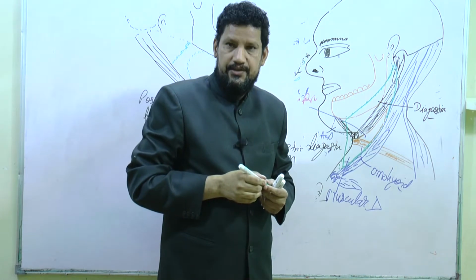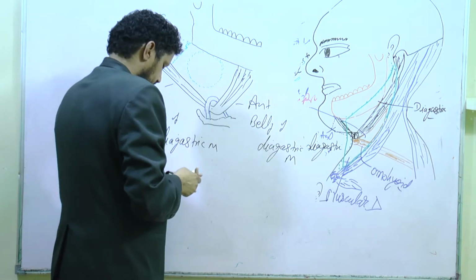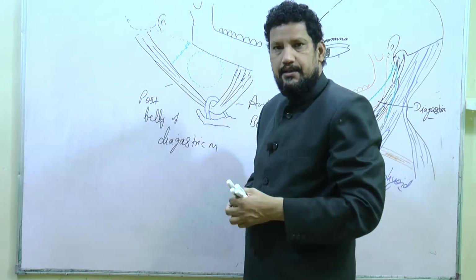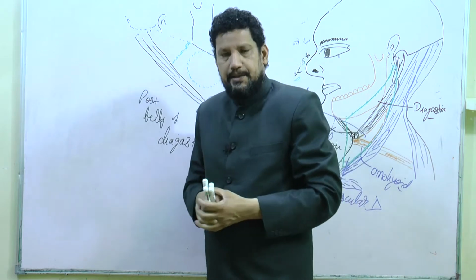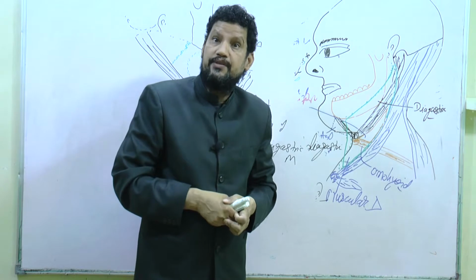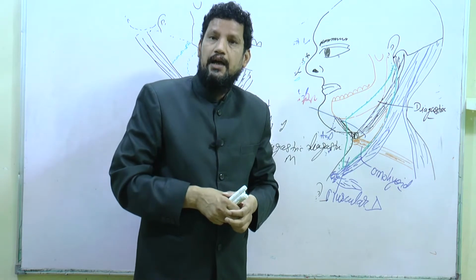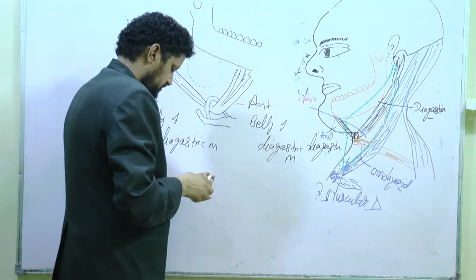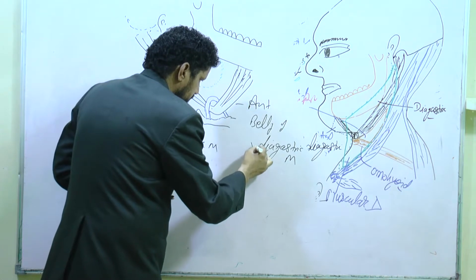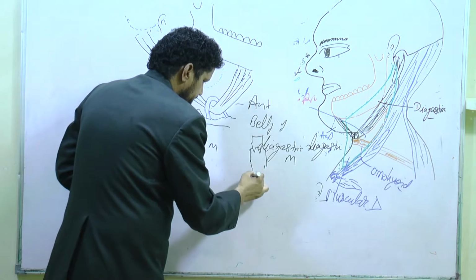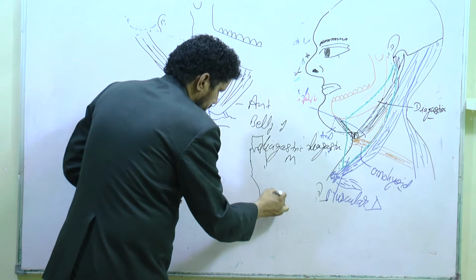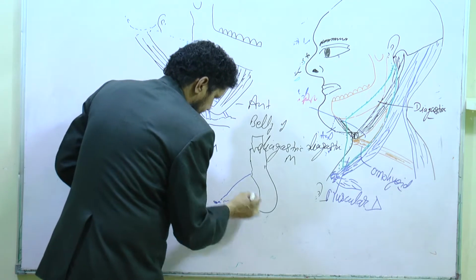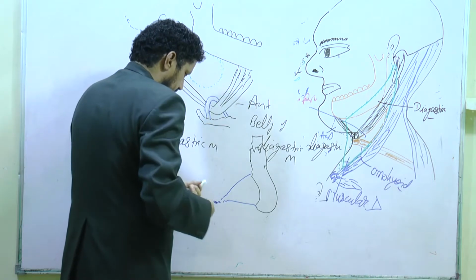So this is the stylomandibular ligament, which is separating the submandibular gland from the parotid gland, and the stylomandibular ligament is a modification of the investing layer of deep fascia. So here the investing layer of the deep fascia from the hyoid is splitting into a deep lamina and a superficial lamina, to enclose the submandibular salivary gland.